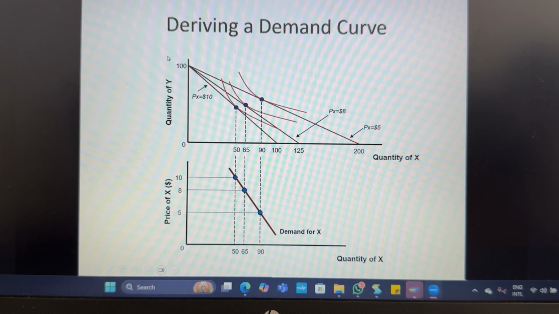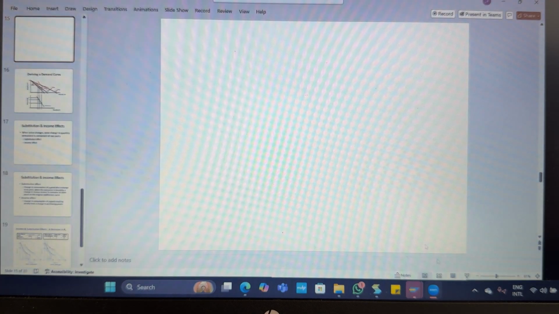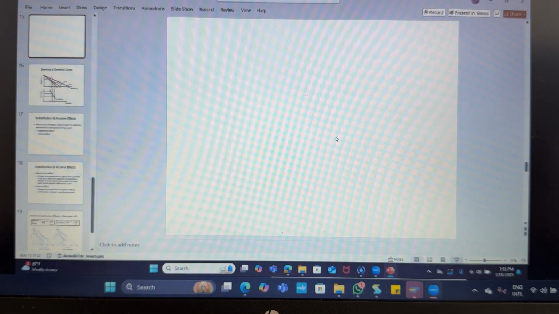Who can take it? You can draw it on this blank slide. Anybody, can you try on this board? I want to see. Somebody, just write letter A somewhere here.